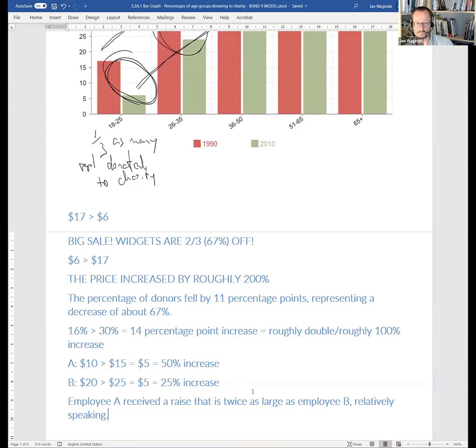Does that make sense? Yes. Can we change large to as much as employee B? Like employee A received a raise that is twice as much as employee B? Yes, no problem.